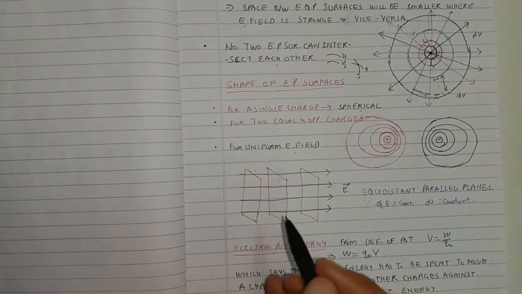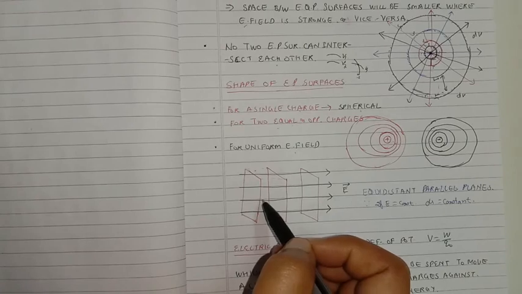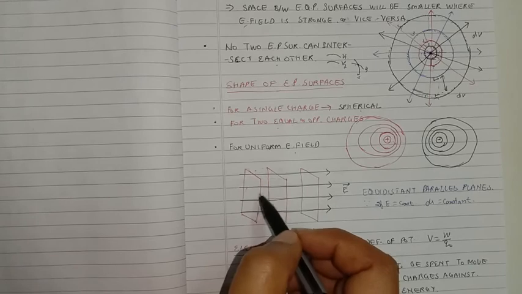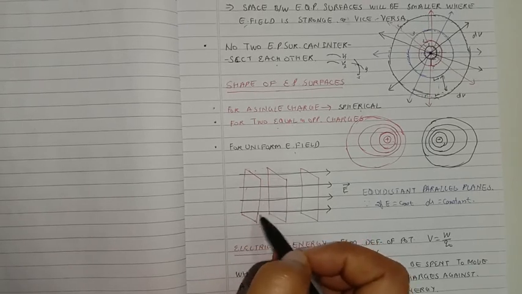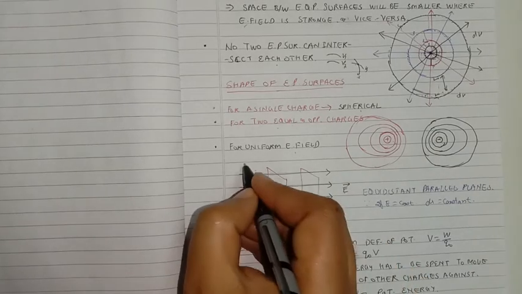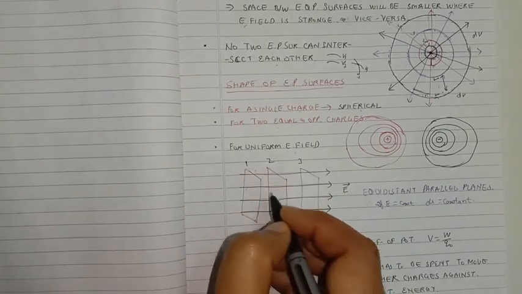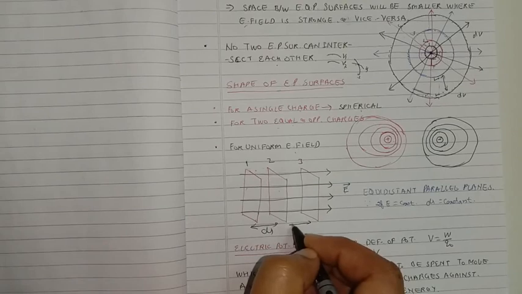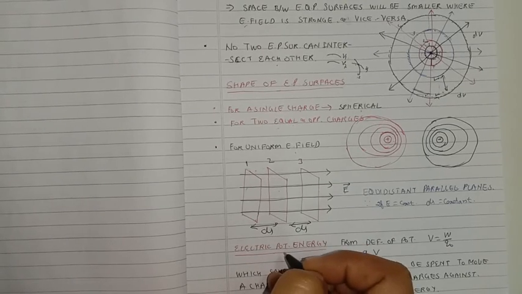So in this case, the equipotential surfaces are parallel planes present at the same distance from each other. So if these are planes 1, 2 and 3, and the gap between the first and the second plane is dr, then between the second and third it will also be dr.